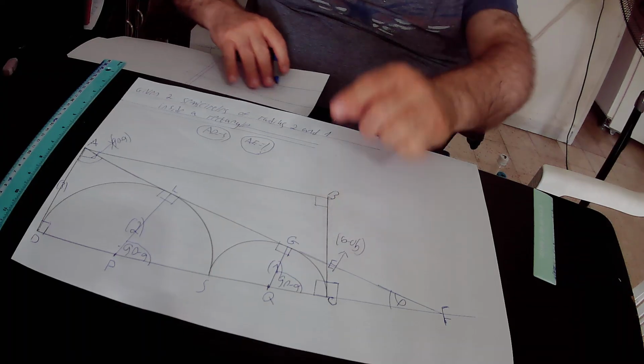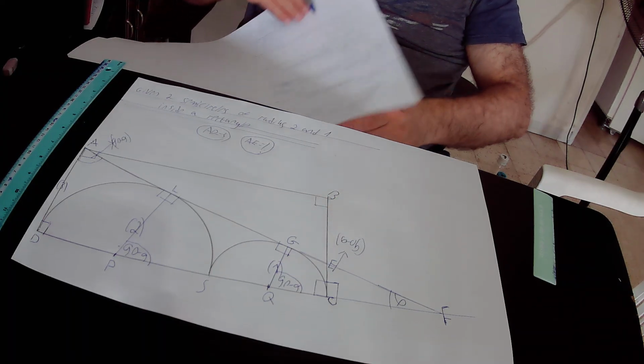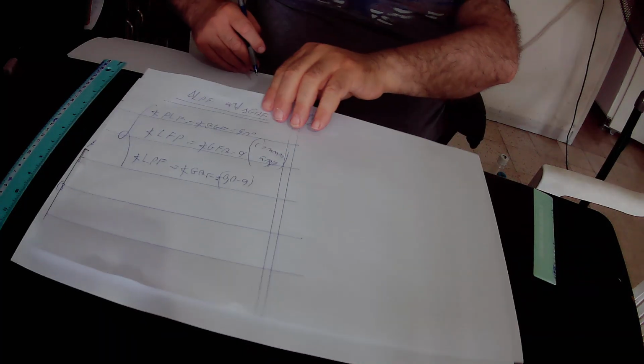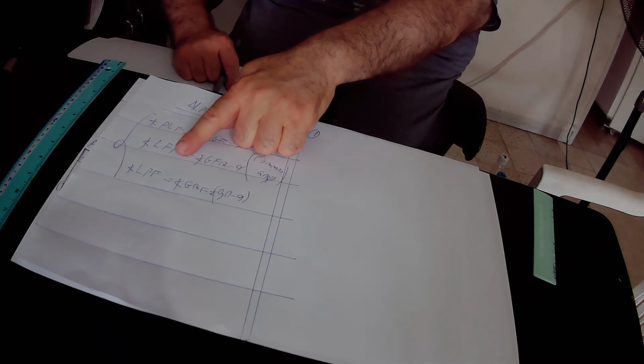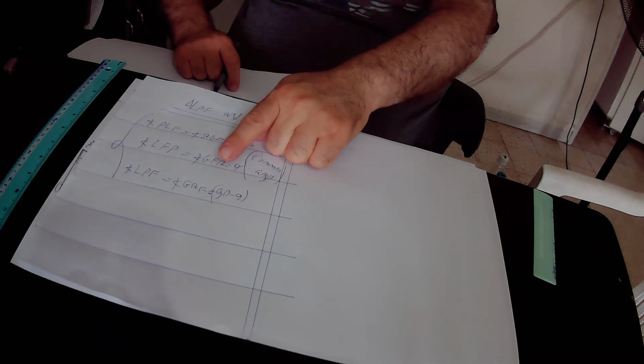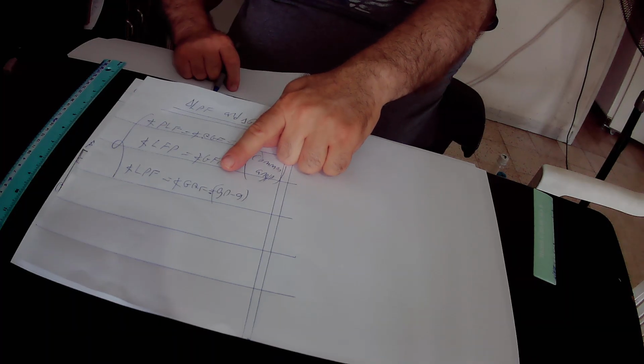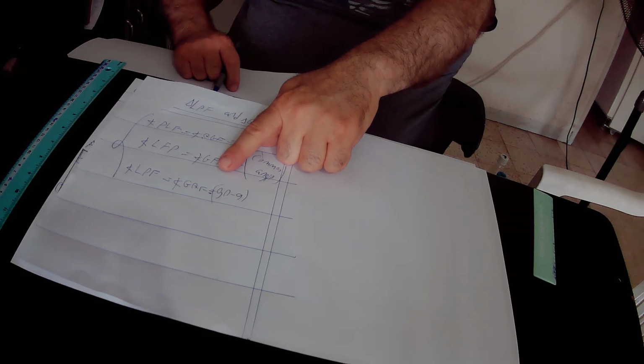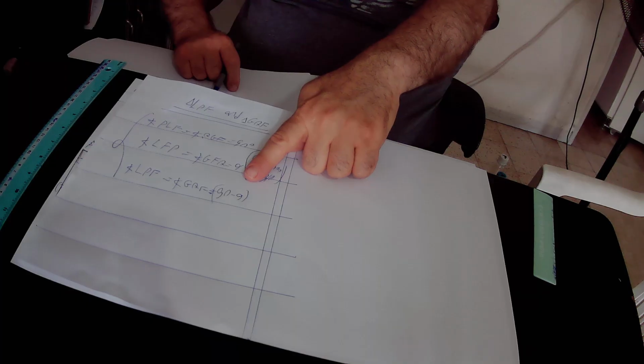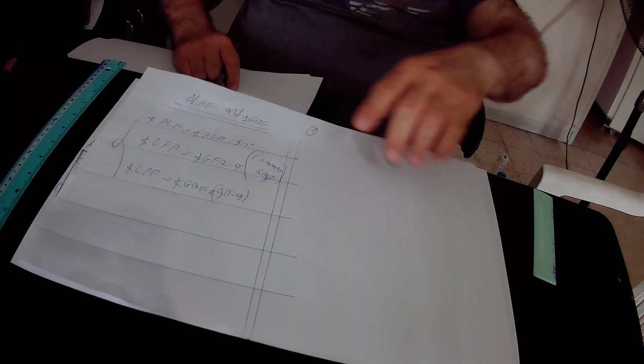So to repeat again, we found out that angle LPF in the big right triangle LFP equals angle GQF in the small right triangle GQF. They are both equal to 90 degrees minus alpha, therefore they are equal to each other.